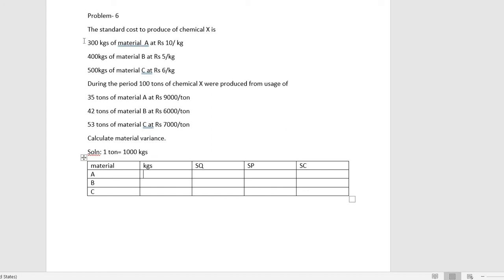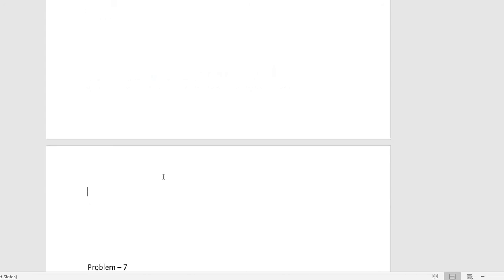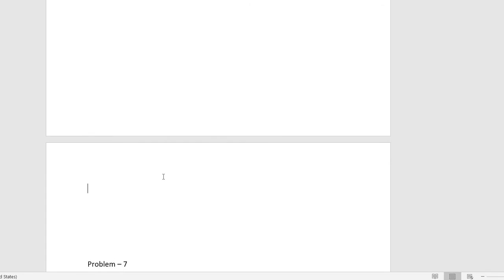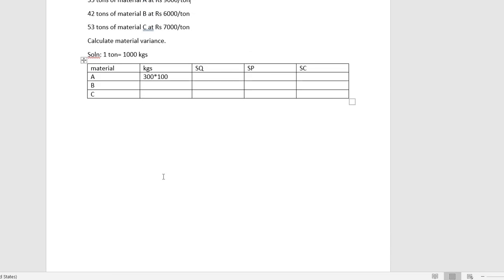Now we'll see 300 kgs of material A. How many kgs? 300. 300 into, actually the production was 100 tons, right? So 300 into 100. It will come to 30,000 standard quantity.